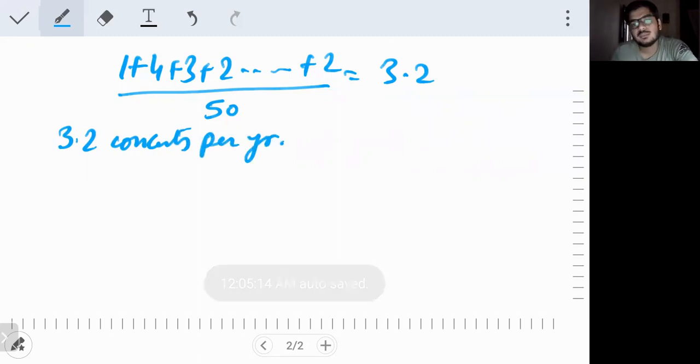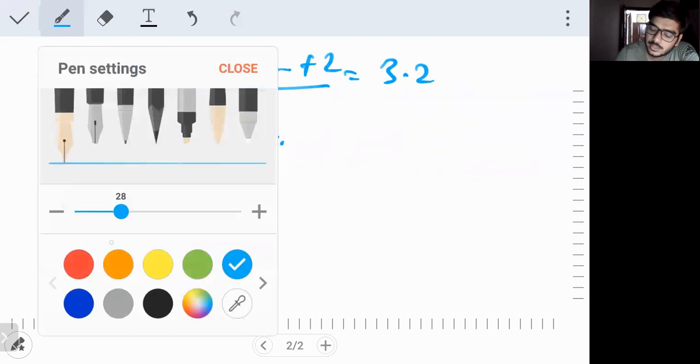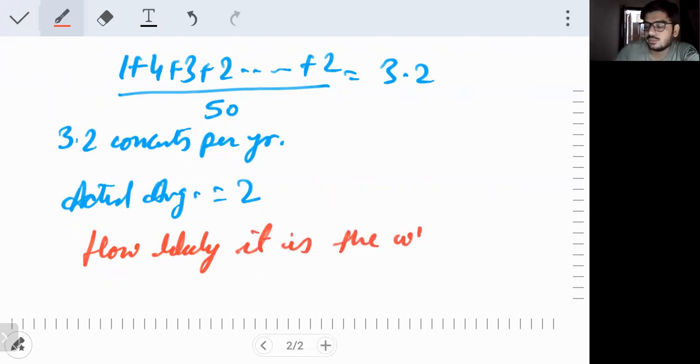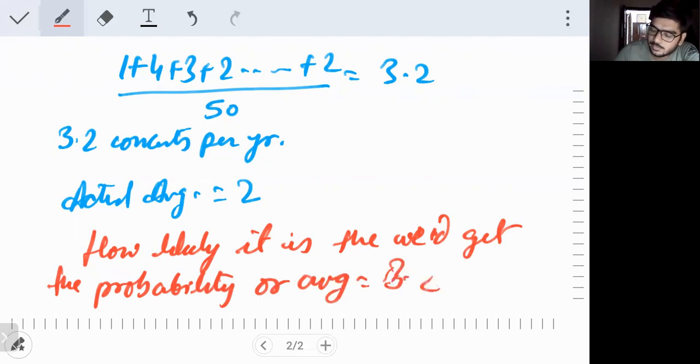Then that begs the question: if the actual population average is 2, then how likely is it that we would get a sample average of 3.2 concerts, right?